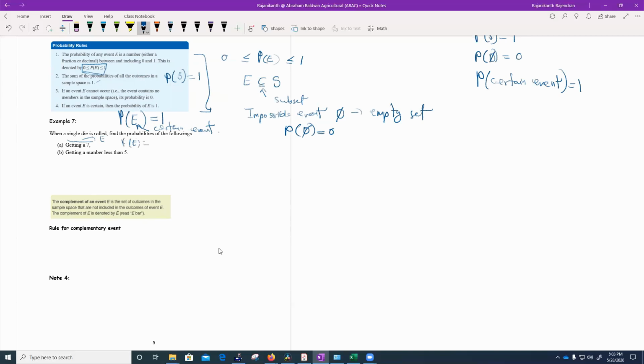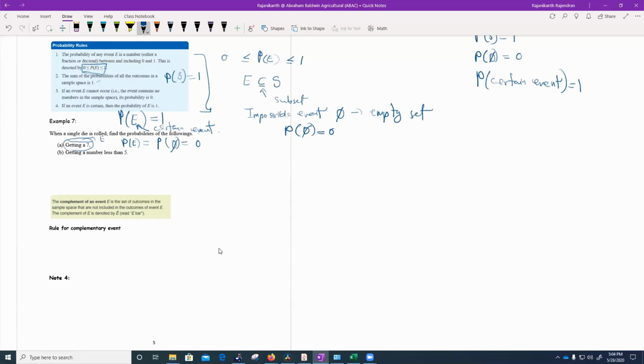Maximum you have 6. That means this event is not going to happen. This is an impossible event when you roll a die. Therefore, my event E is now empty, and the probability is always going to be 0. The probability answer is 0.